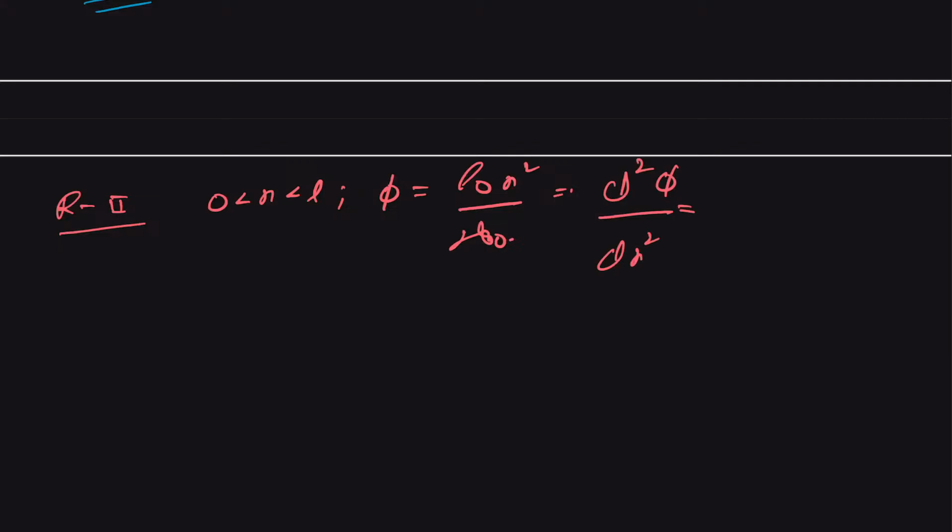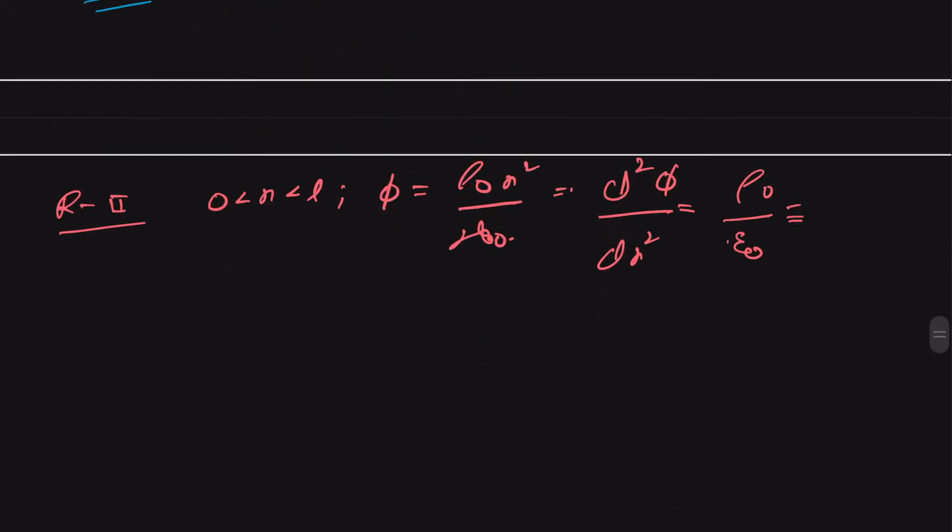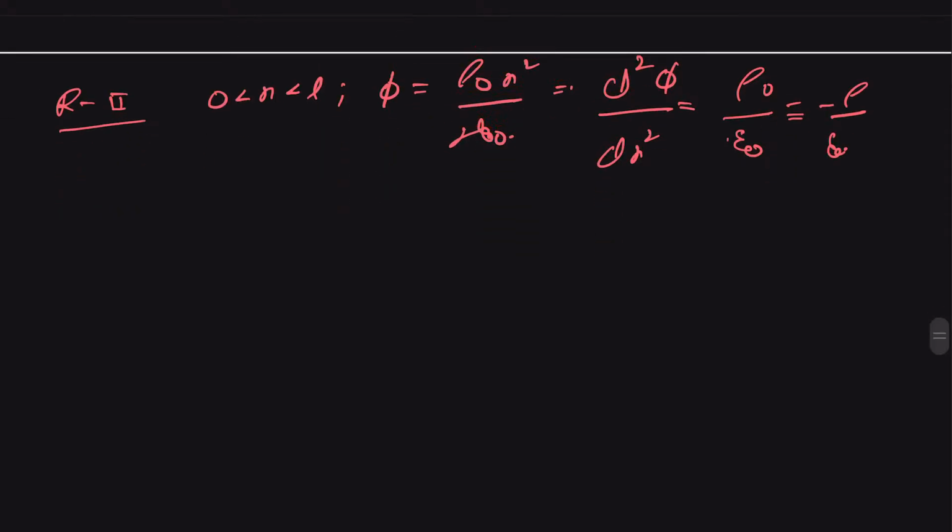So we are going to get rho naught upon epsilon naught, and this as per our formula will be equal to negative of rho upon epsilon naught. Therefore we get that our rho that is dependent upon x will be equal to minus rho naught.